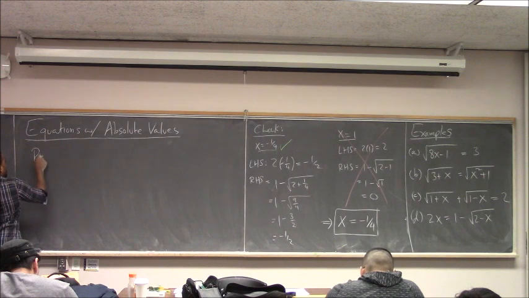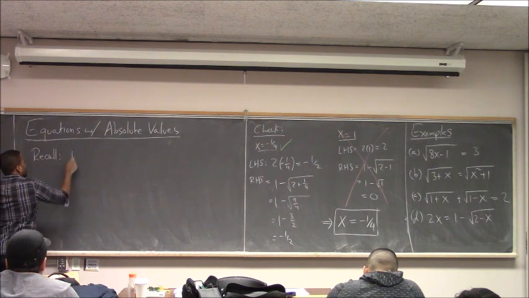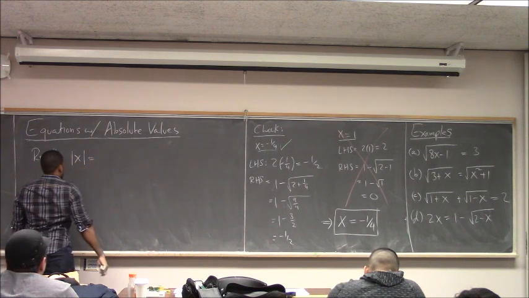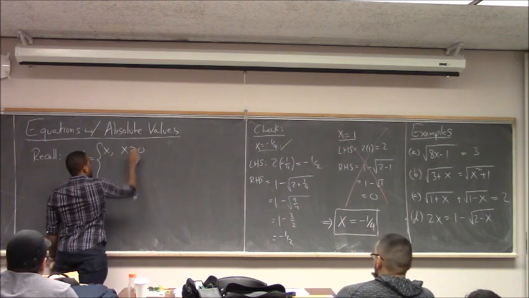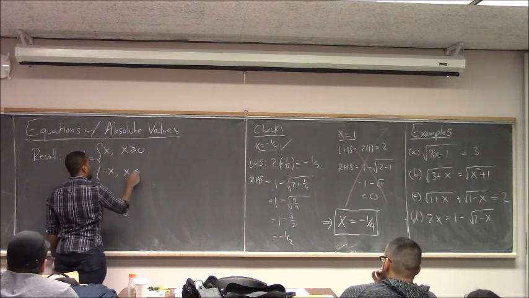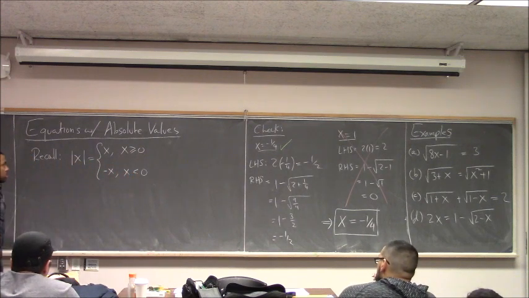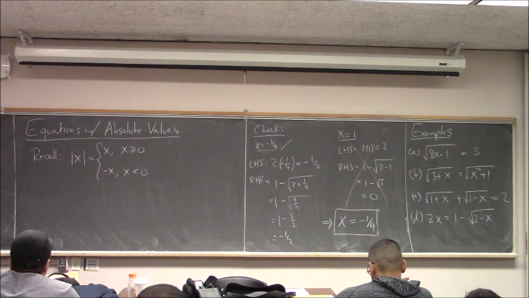For this, you just need to recall the absolute value of x is x if x is greater than or equal to 0, minus x if x is less than 0. So it always returns a positive number.